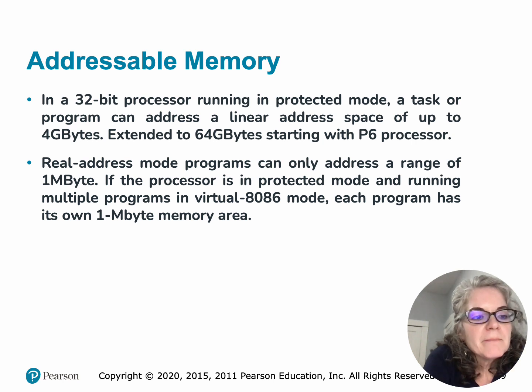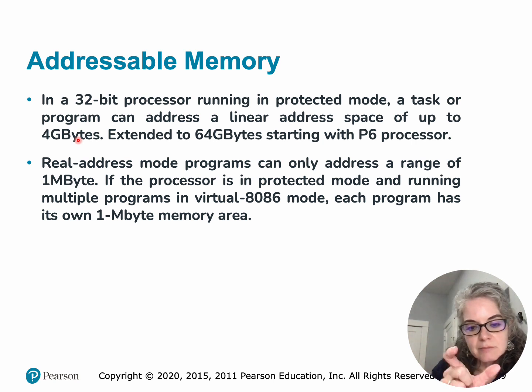So addressable memory. In a 32-bit processor that is running in protected mode, a task or program can address a linear address space up to 4 gigabytes. Linear address space means that you have one address after the next, after the next.